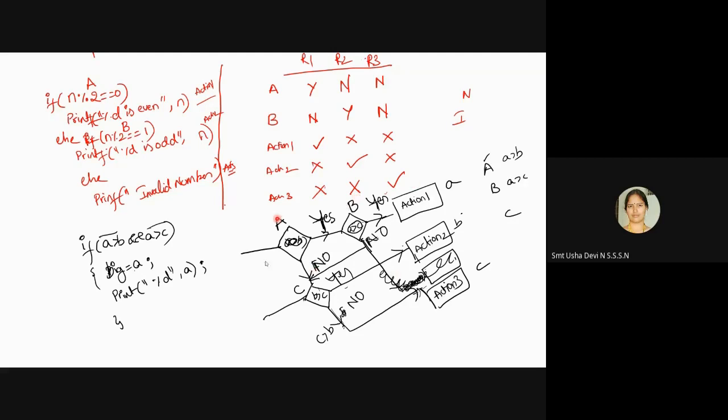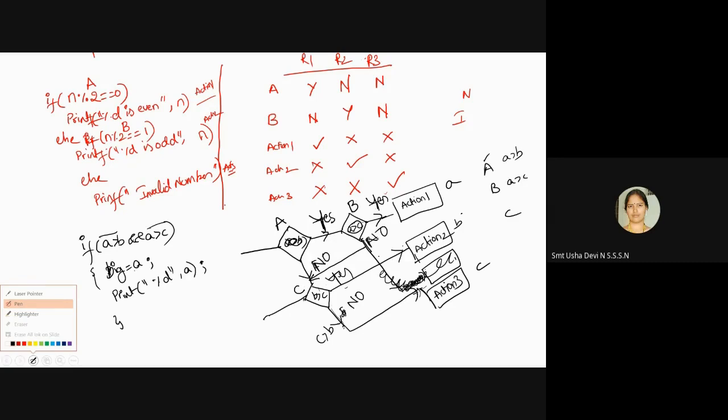The same thing we have drawn here. I think it's clumsy, otherwise I will erase. I'm not getting the eraser option here. Okay. So if condition A is true and if condition B is true, then action 1. If condition A is not true and condition C is true, then action 2.